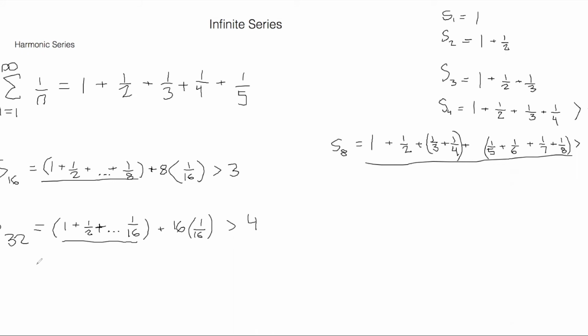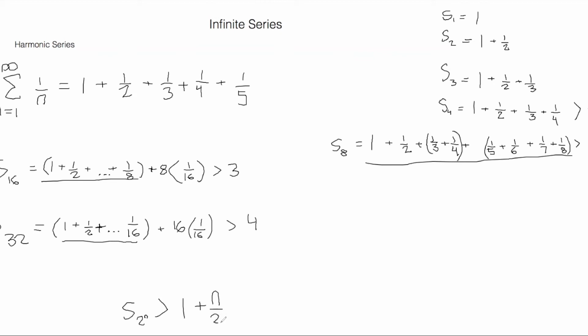Which means that if we have an index, and we wanted to figure out this part, there is a special formula we can use. So we could say that S sub 2 to the nth power is greater than 1 plus n/2.